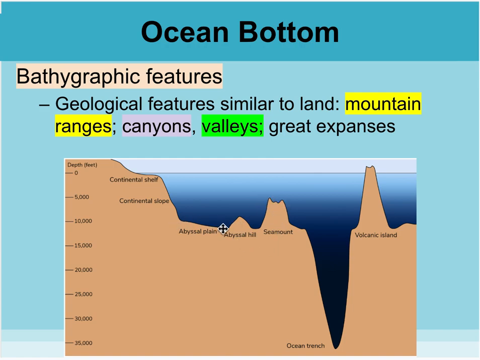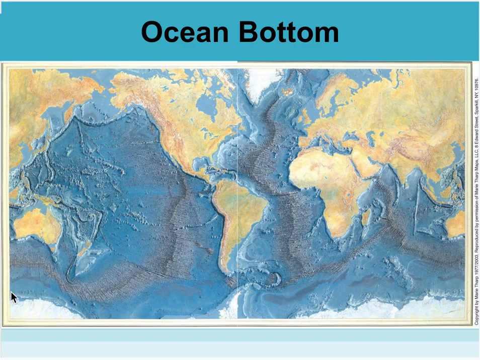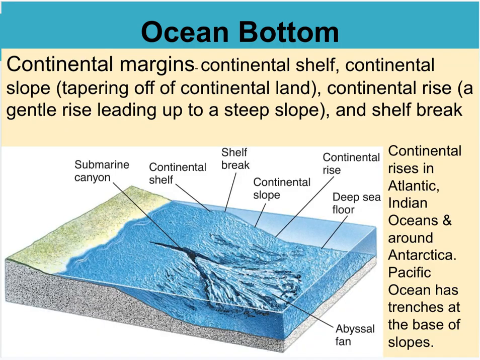Abyssal hill, you can have abyssal plains, the continental slope, or the continental shelf. So this is what you would expect to see when you are looking at a bathygraphic map and what it would look like.